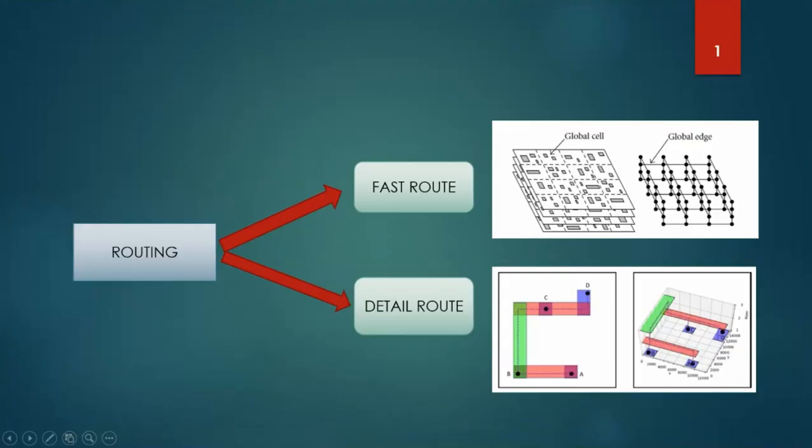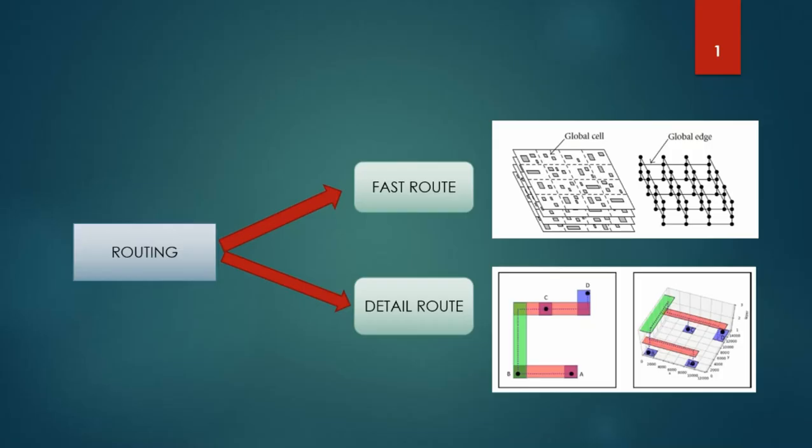Explaining about the routing, basically in any of the routing EDA tools, both in the open source world as well as the commercial EDA tools, the entire routing process is very complex, and the solution space is huge. So what they do typically in the VLSI industry is divide the entire routing process into two steps.